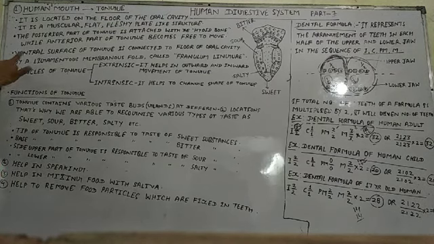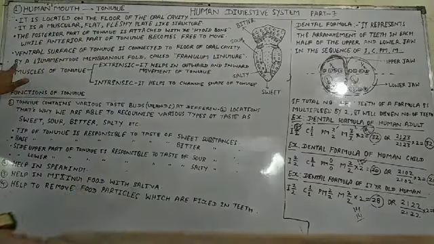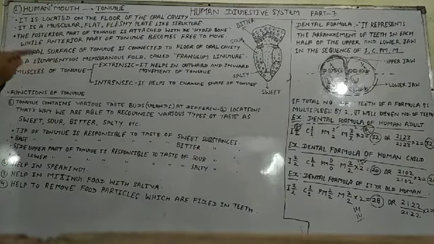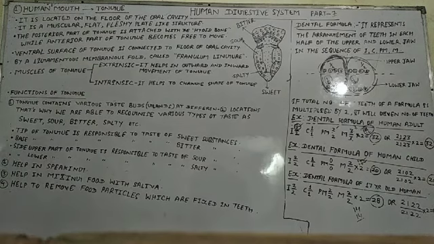Next, in this point we can say the ventral surface of the tongue is connected to the floor of the oral cavity by a ligamentous membranous fold called frenulum linguae.